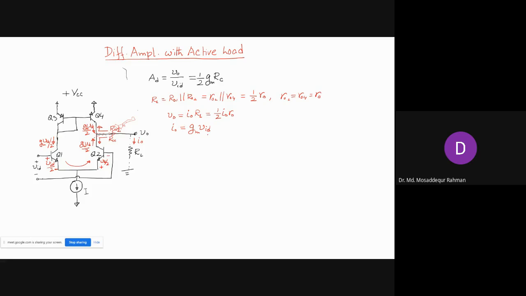So basically it doubles the current of the differential amplifier, the current mirror circuit. So you substitute gm vid here, and you get half gm vid.